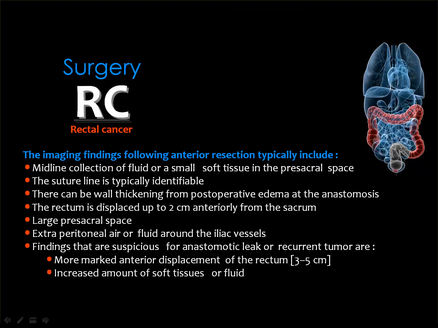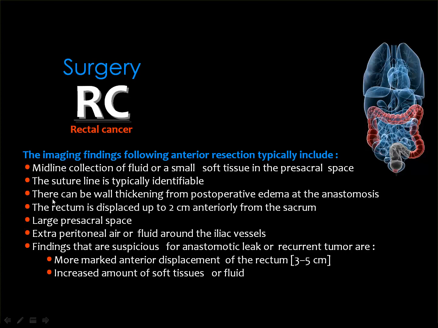Then the imaging following anterior resection, after you remove this part of the colon, you get a midline collection of fluid or a small soft tissue mass in the presacral space representing postoperative granulation tissue. Also, you see the sutures, which are typically radio-opaque on the CT scan.